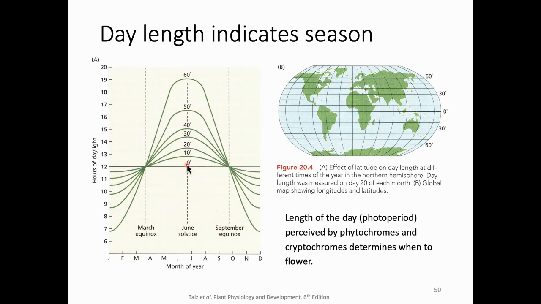Here, if you are in Thailand, during June you get sunlight of a little above 12 hours per day. But if you are in December, it's just a little bit less than 12 hours. But imagine if you are in Siberia or in Alaska, you are about 60 degrees from the equator.